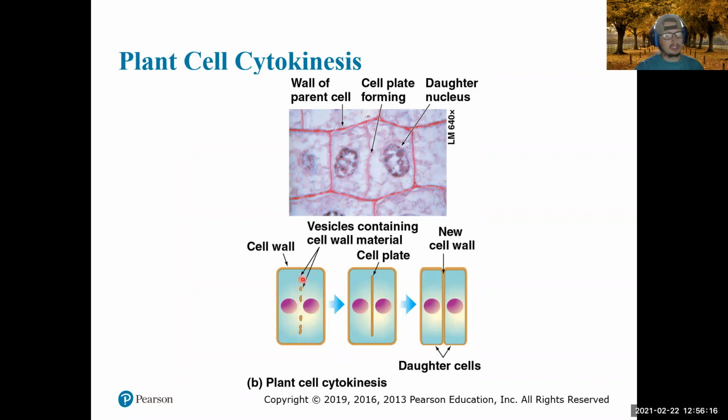These vesicles will elongate and grow until they connect, forming a cell plate. And that cell plate will keep growing outwards until it connects with the plasma membrane. And then now you have two new cells that are separated from one another.